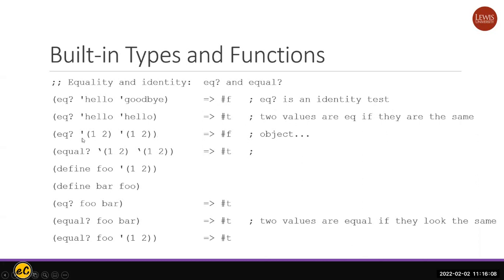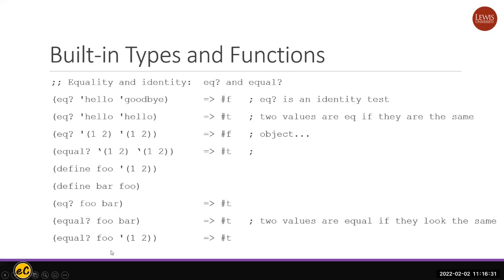This one is the same reference. Quote this. This one is actually checking the reference, and they are different objects. So equal will check recursively. So this one is the same. Define foo as this one. So it's a literal, and bar points to the same reference. So eq checks the reference, they are the same.